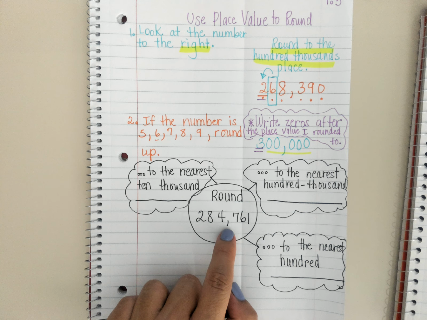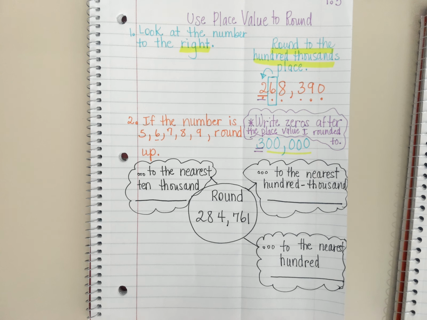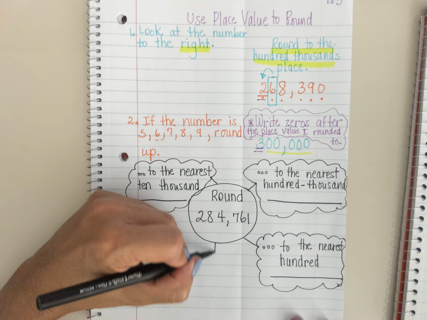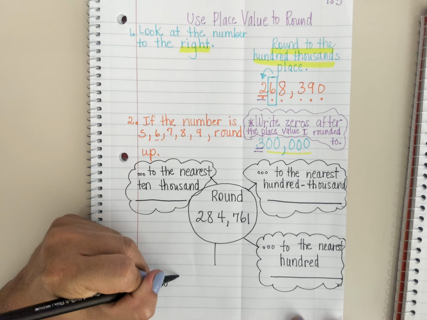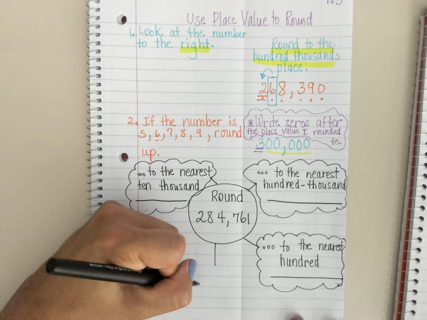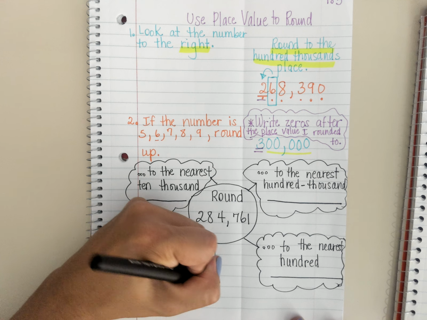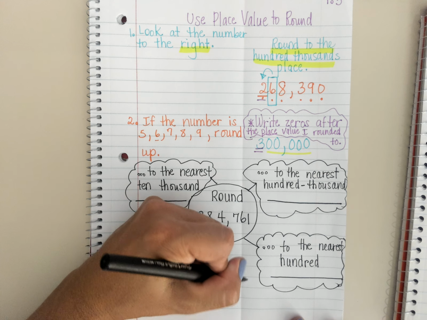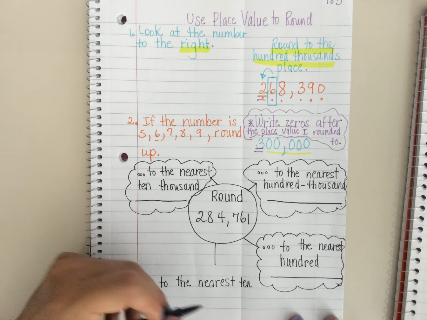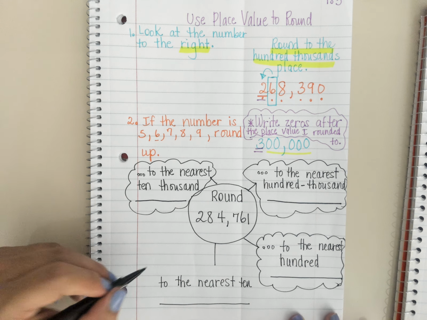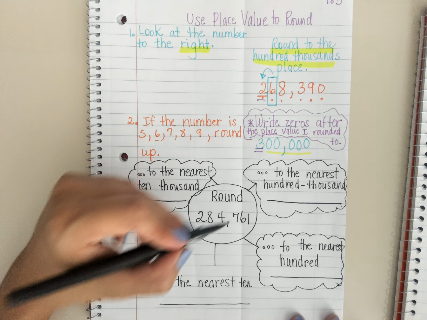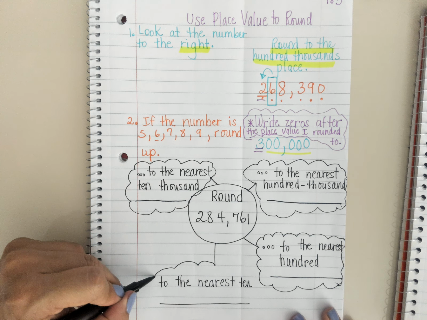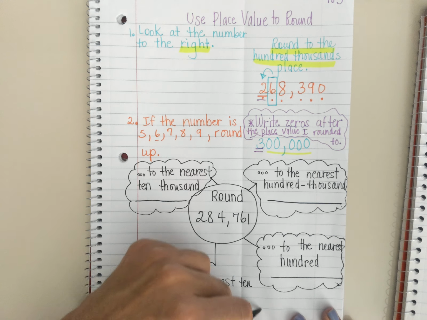You could just erase what you underlined. Okay, some more practice. You're going to round 284,761 to the nearest 10. You can be doing this right now.